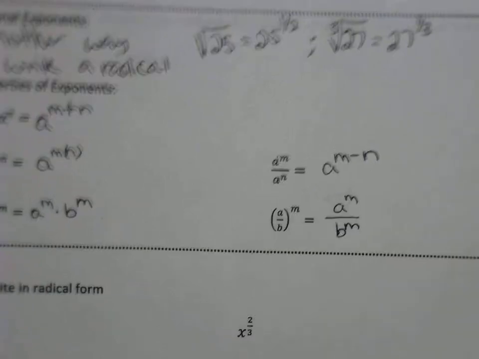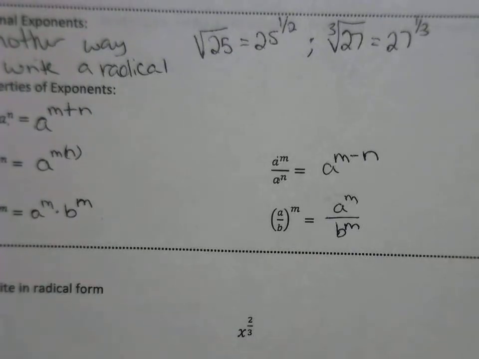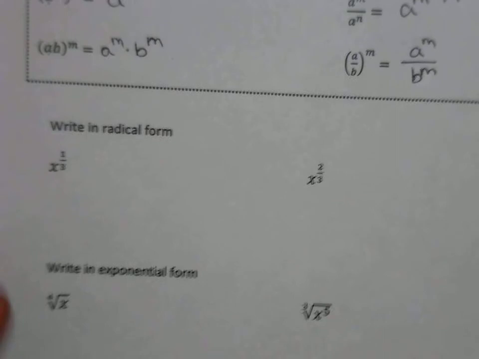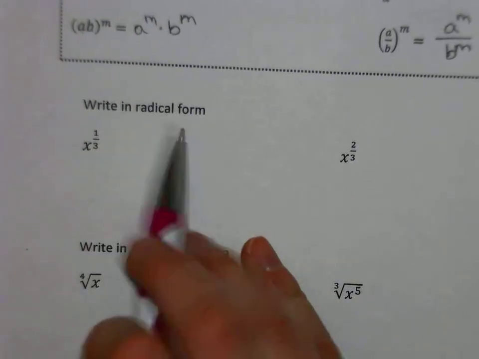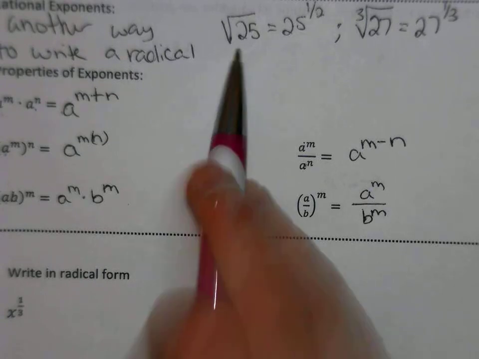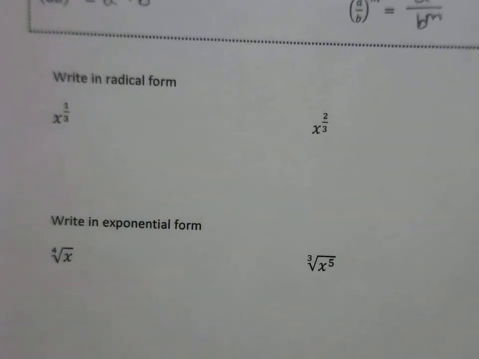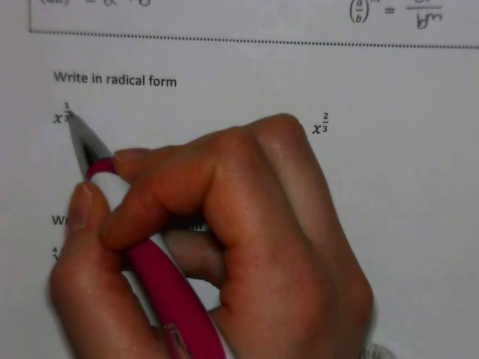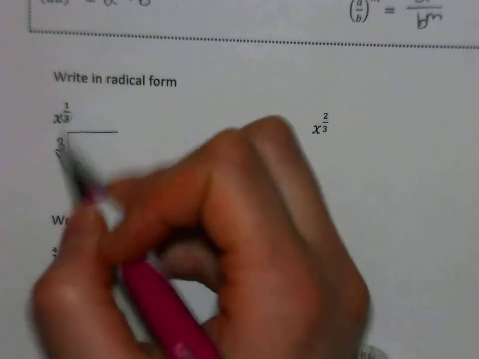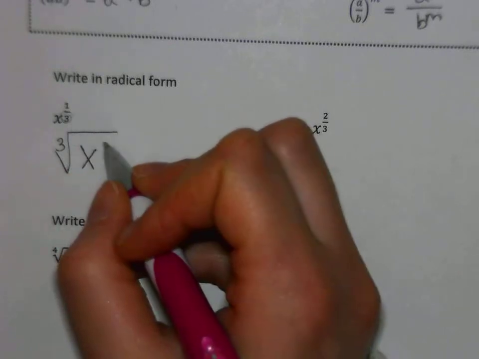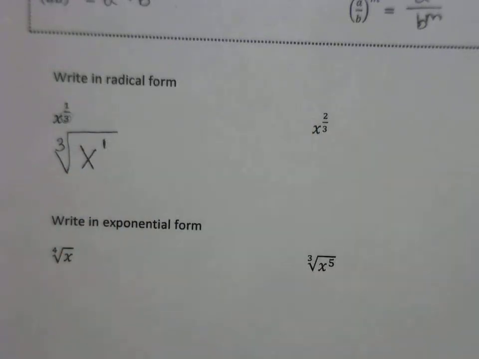Alright, let's look at some examples. We want to write these in radical form, so we want to go backwards. Whenever we're looking at these, the denominator of our fraction is what becomes our root. So this is the third root of x to the first power. Our numerator becomes the power on the inside.